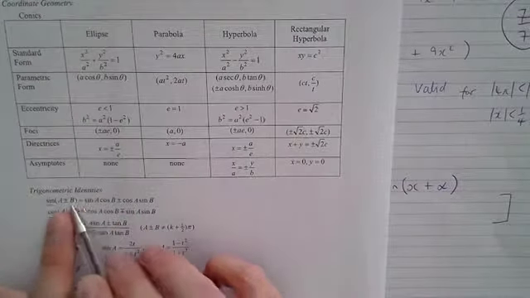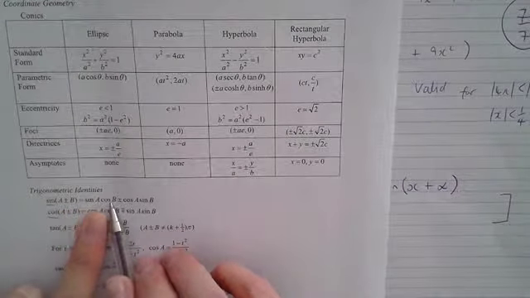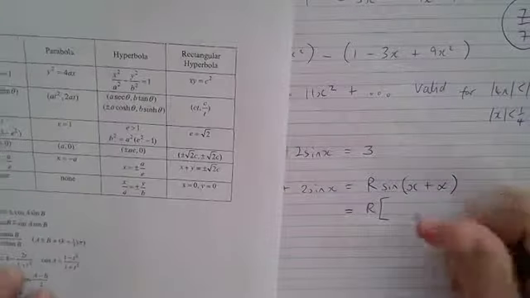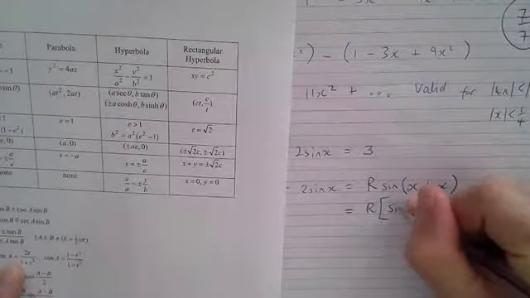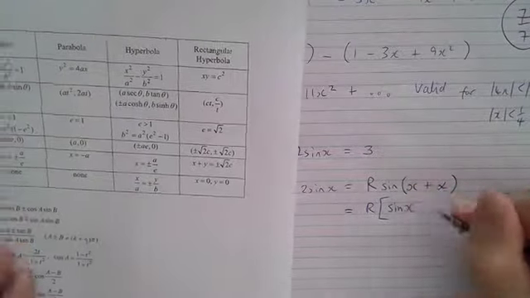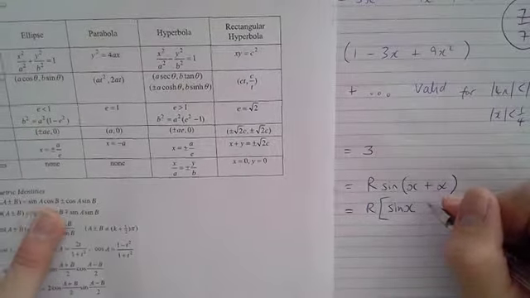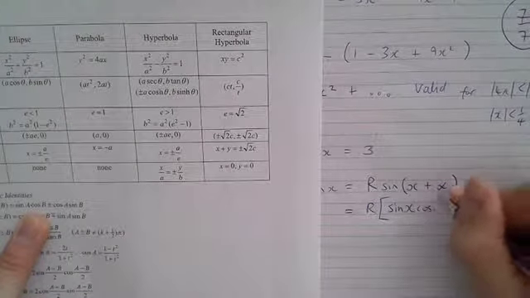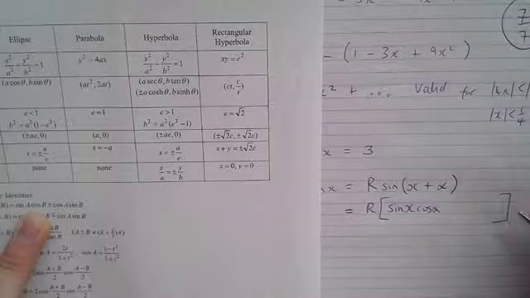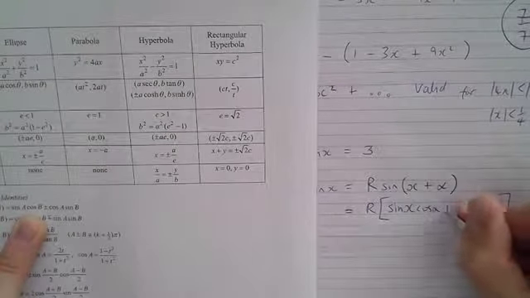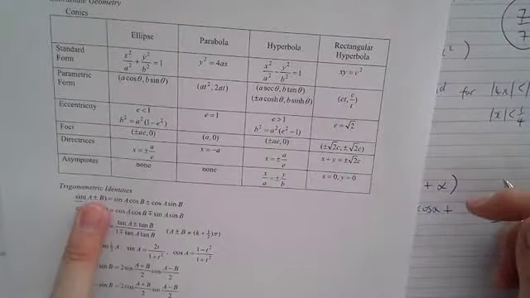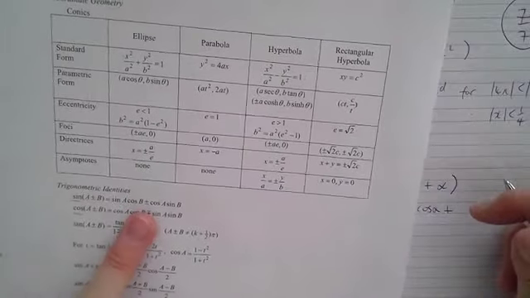Now I'm using the sine one, so it's going to be sine a cos b plus cos a sine b. So that is going to be sine a, so that's sine x in this case for me, and then cos b. So our b is actually alpha, so it'd be cos alpha. Yeah? And then plus, because we chose a plus there, you're just following the top there.